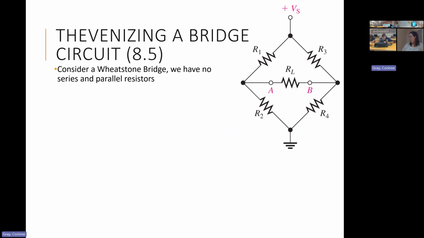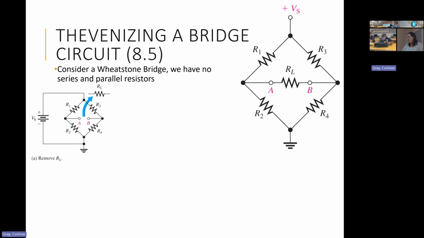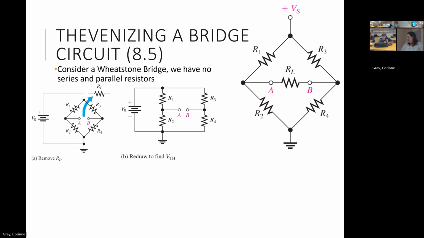Wheatstone bridges are a really good place to use this method. What you can do is take out the load, that's typically the one in the middle, and redraw it. This is, again, when we talked about Wheatstone bridges a week ago, where we said that these two were equivalent. This is helpful for doing our replacement here.